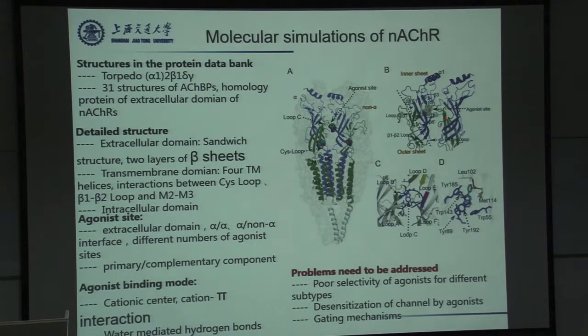And this is the binding site where it controls the gating of this protein. And the ligand is a small molecule. Nicotine molecule is an example. It could regulate the process of these particular proteins.